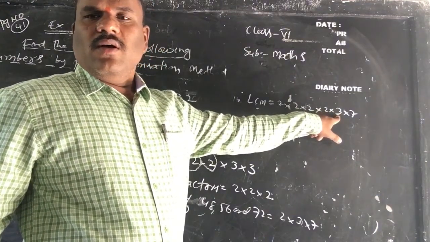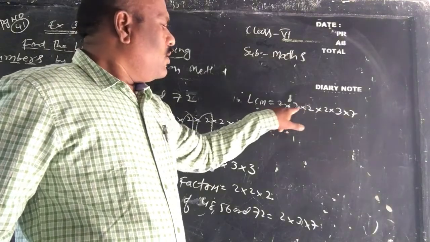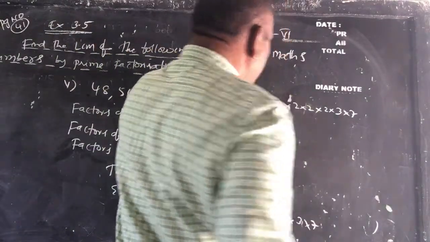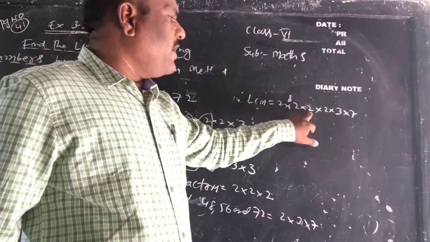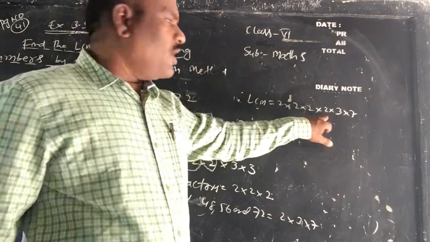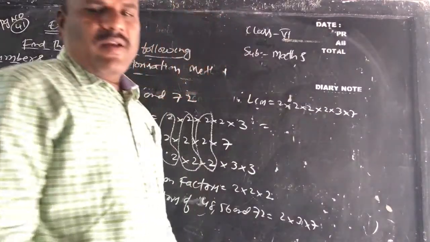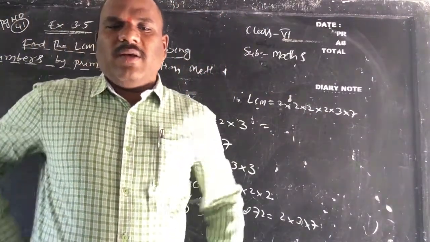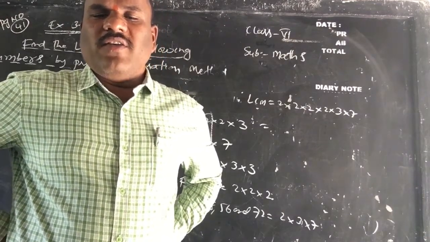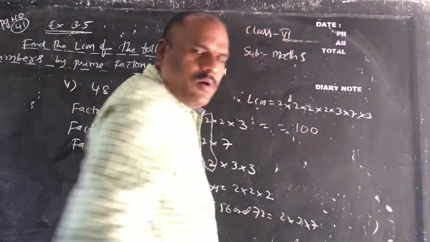One more 3 will come here. So equal to how much? 1008.